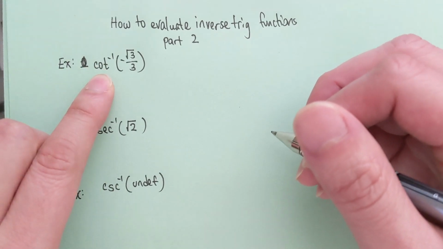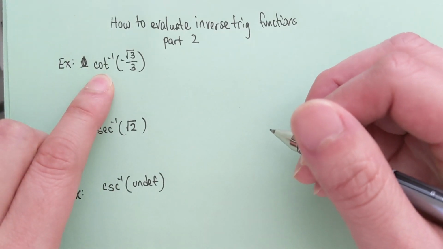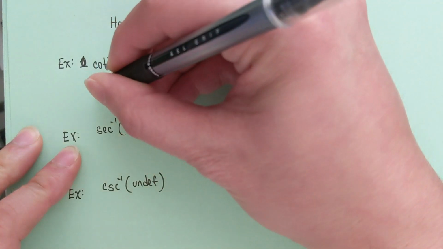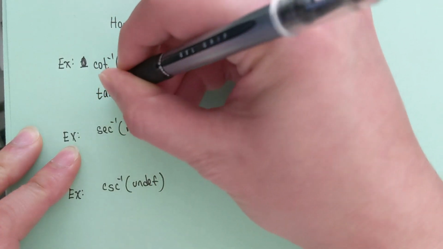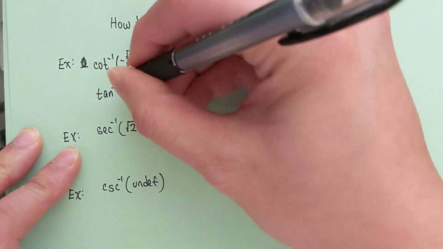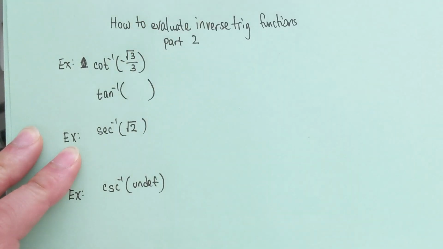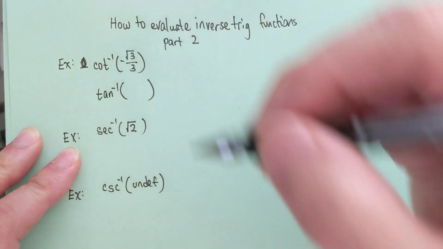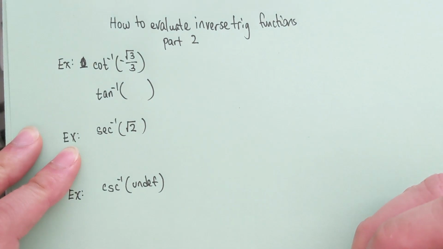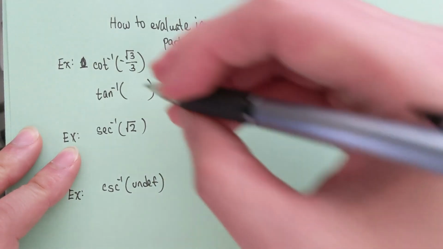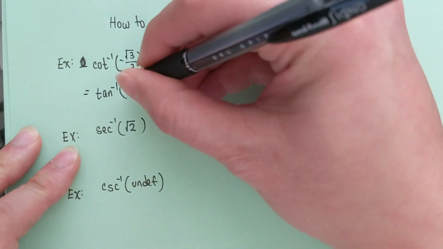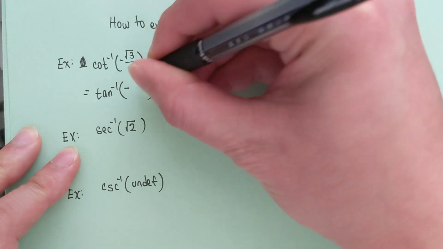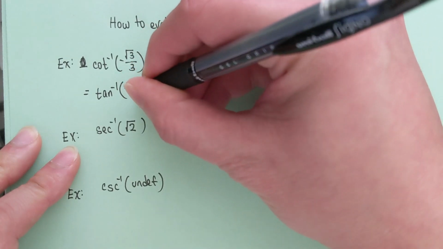If you do the reciprocal of arccotangent, you end up with arctangent. But you must also do the reciprocal of whatever is inside. So if you flip that, you end up with negative 3 on top and a square root of 3 on the bottom.